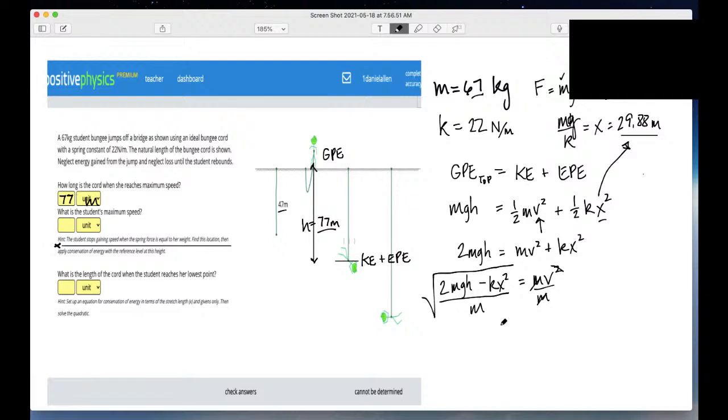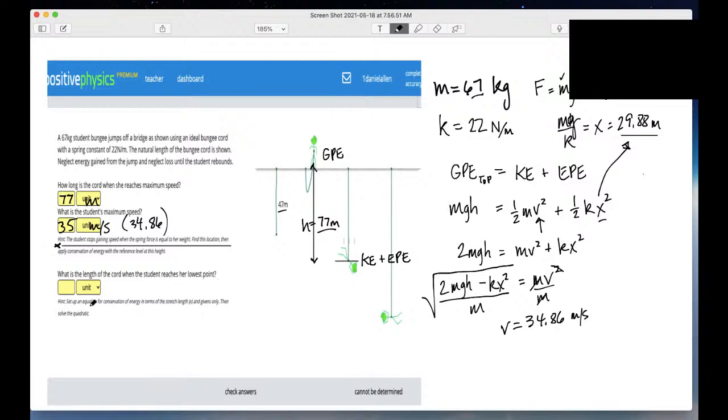So V is 34.86 meters per second. I can just put 35 meters per second here, I think. And I'm going to put 34.86.